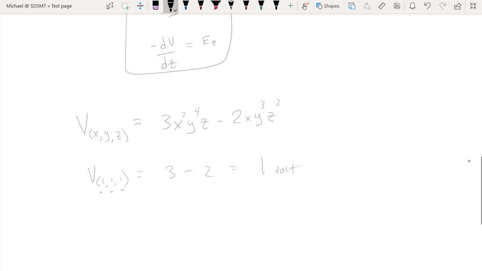And then let's do 1, 2, 3, just for the sake of showing. Everywhere where there's an x, I put in a 1. Everywhere where there's a y, I put in a 2. z is 3.